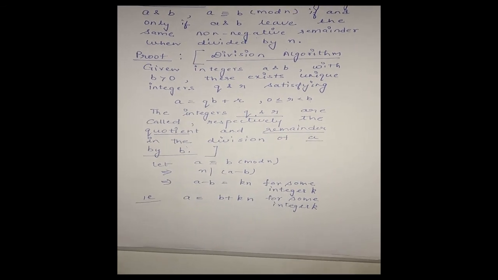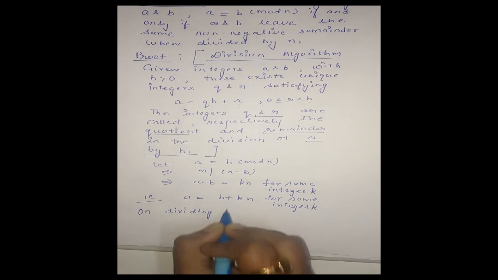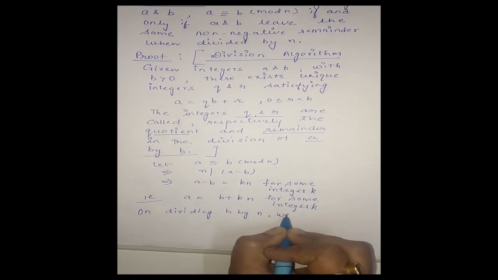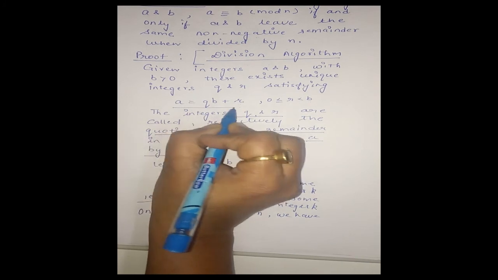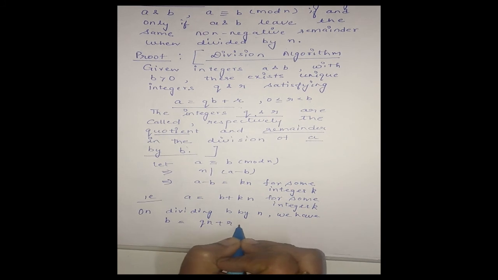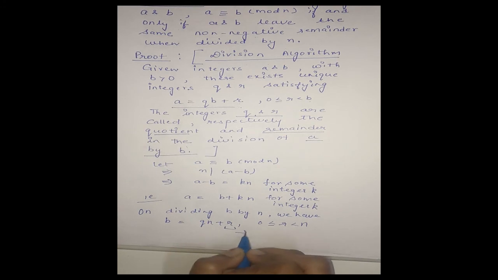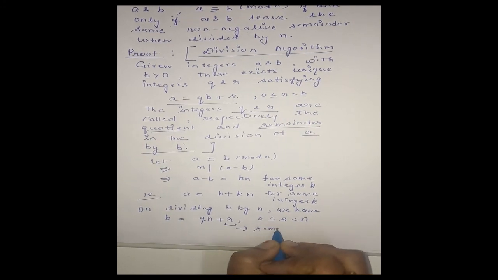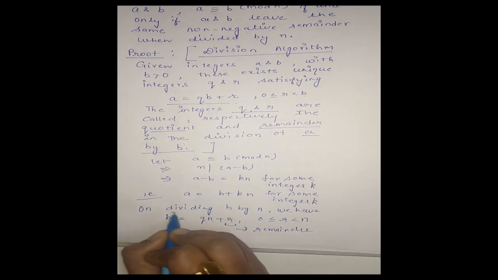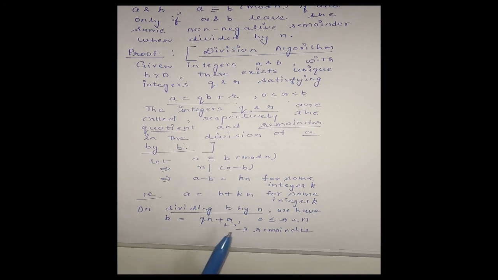Using the division algorithm on dividing b by n, we have b is equal to qn plus r, where 0 ≤ r < n, and r is the remainder.